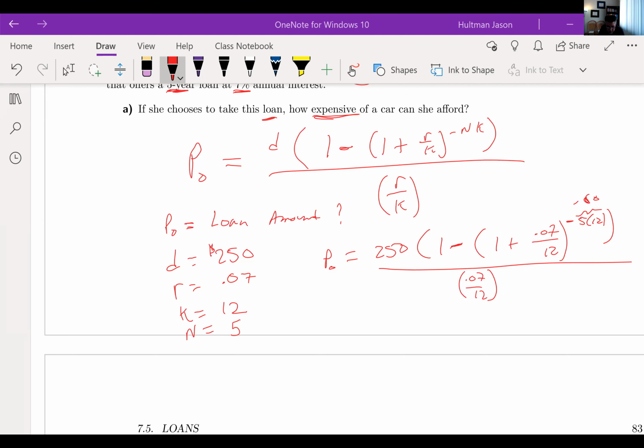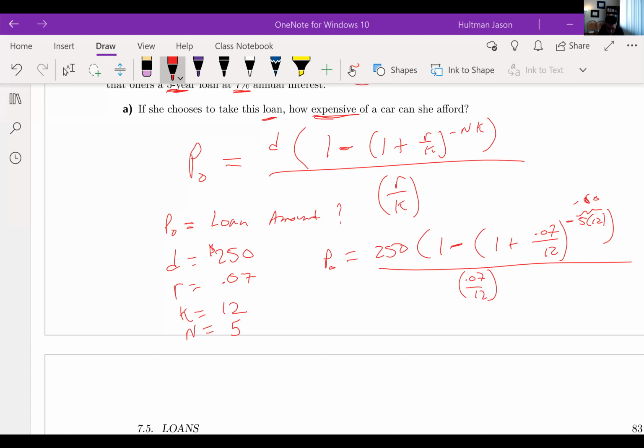Okay, and then I'm going to hit equals. That gives me 73.65 about on the top. Now I can take this number and divide it by what's on the bottom. I'm going to go divided by, parenthesis, 0.07 divided by 12, close parenthesis, equals.